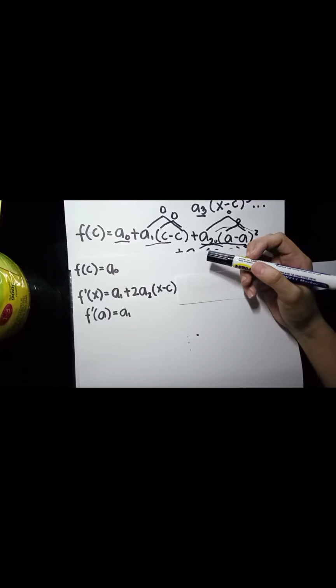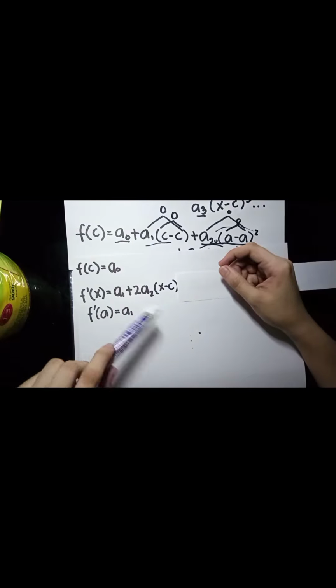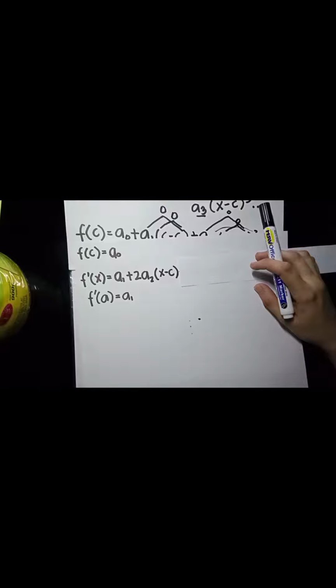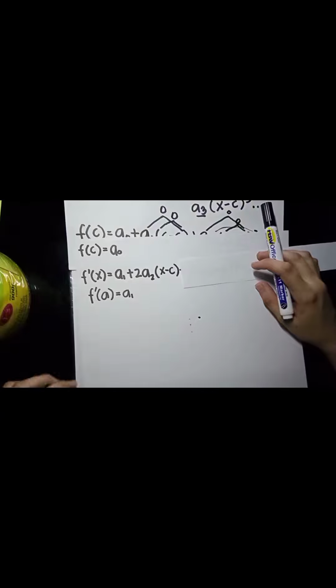So we'll get 2 a sub 2 times x minus c. The second part of the chain rule will always be 1, so we can just do the part with the exponent.